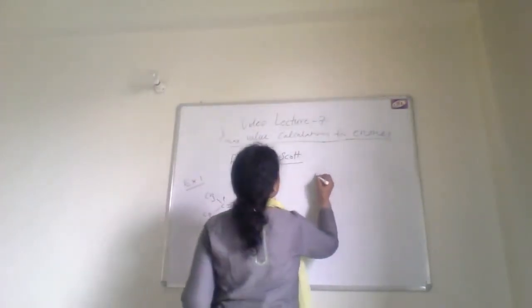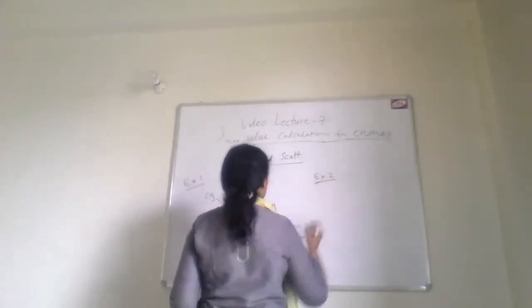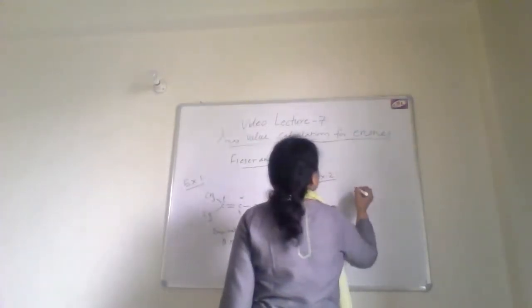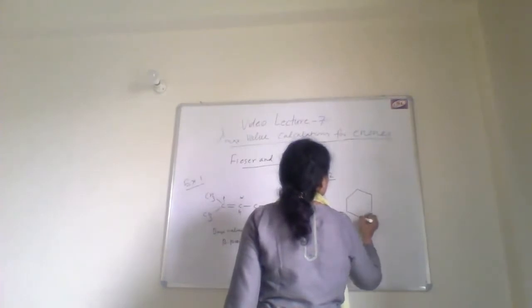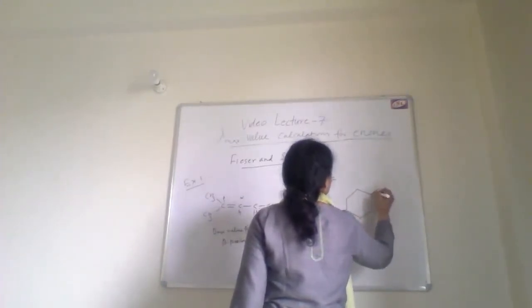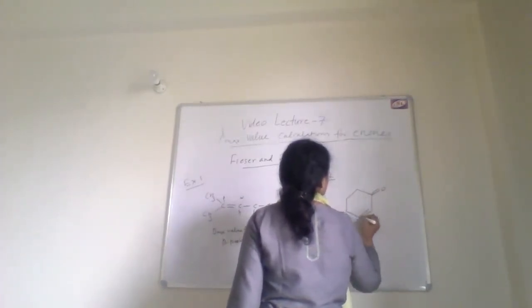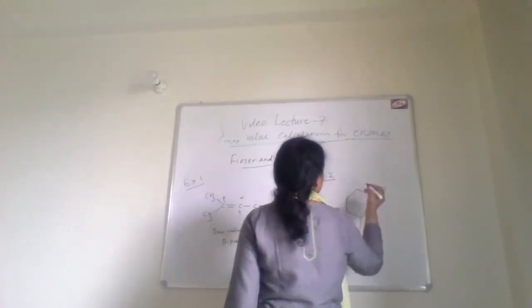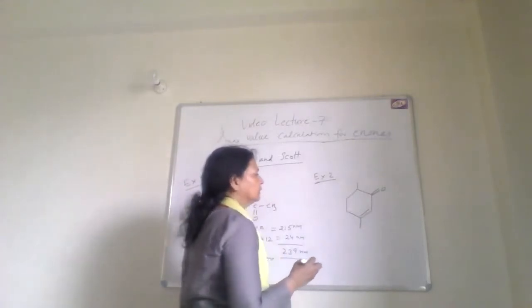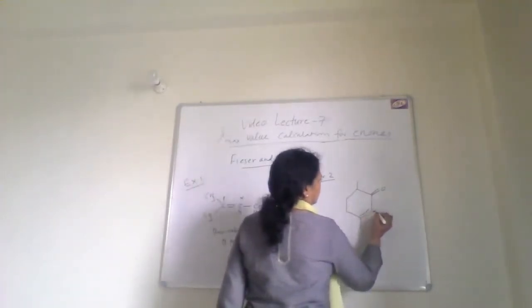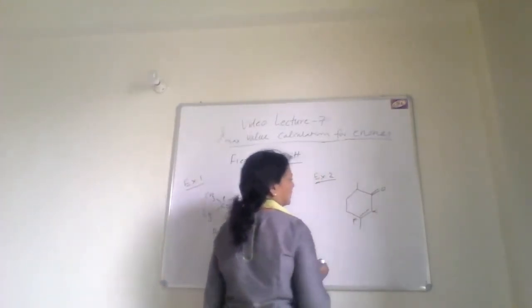Example 2. This type of system. This is alpha, this is beta.